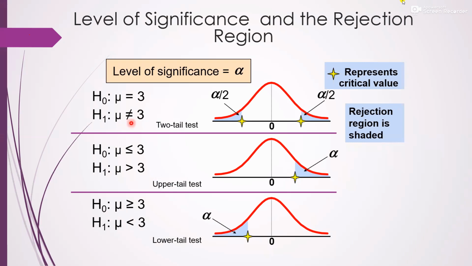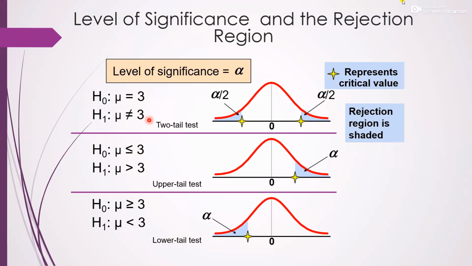In the alternative hypothesis, if H1 has a not equal sign, then it is a two-tail test. Then the level of significance. Right?